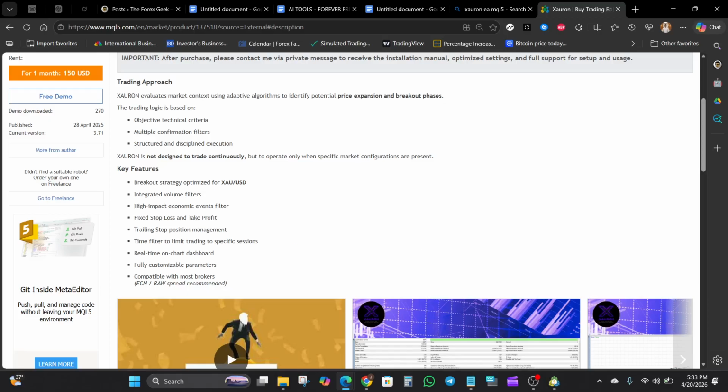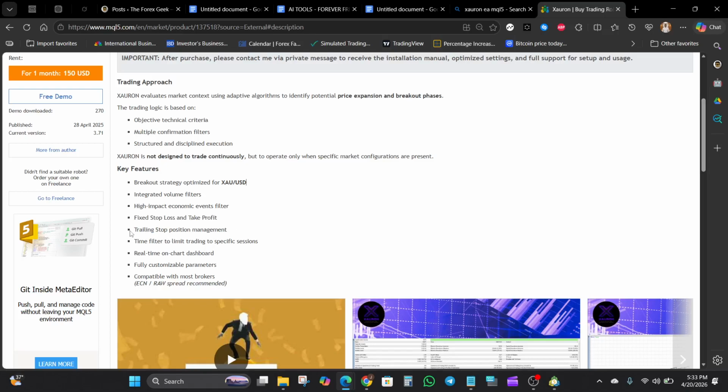Now, if I want to talk about the specifics of risk management, that is where the fixed stop loss, the take profit, and the trailing stop come in. These are features that concern risk management.